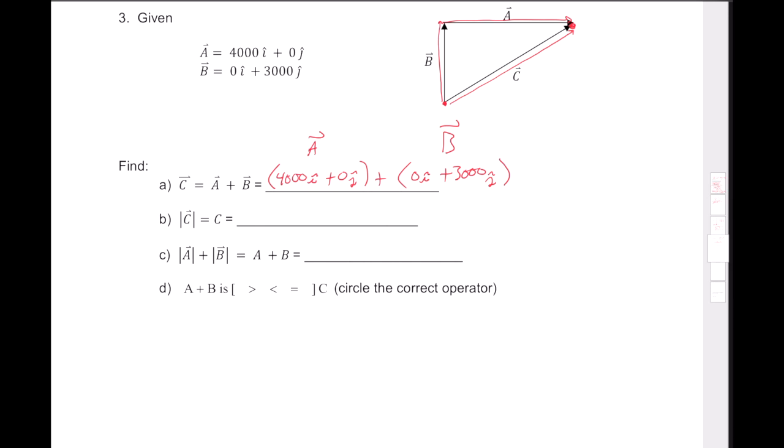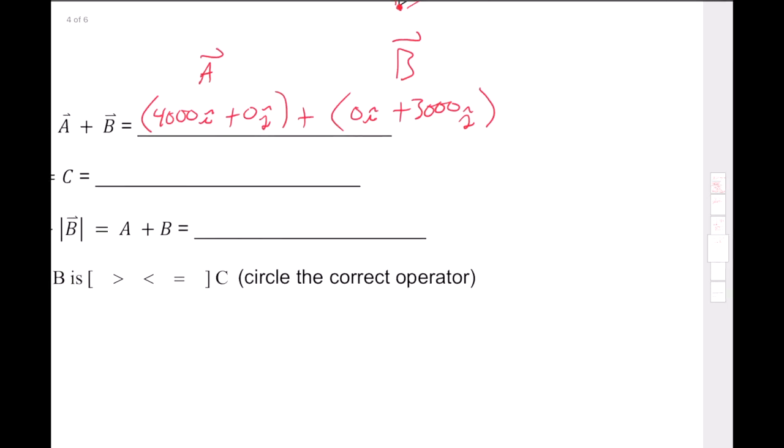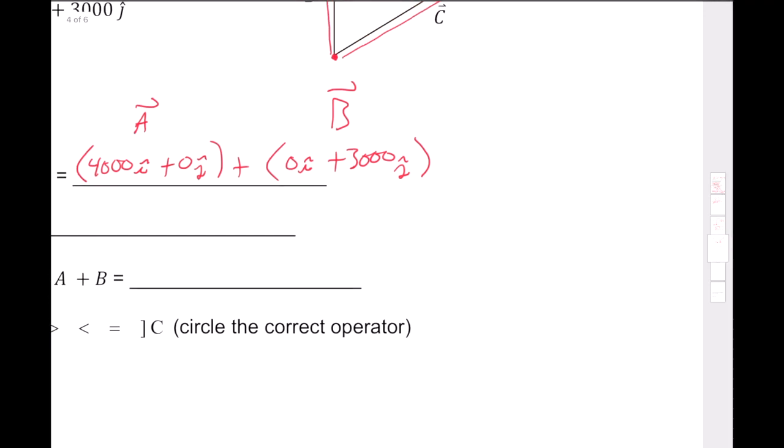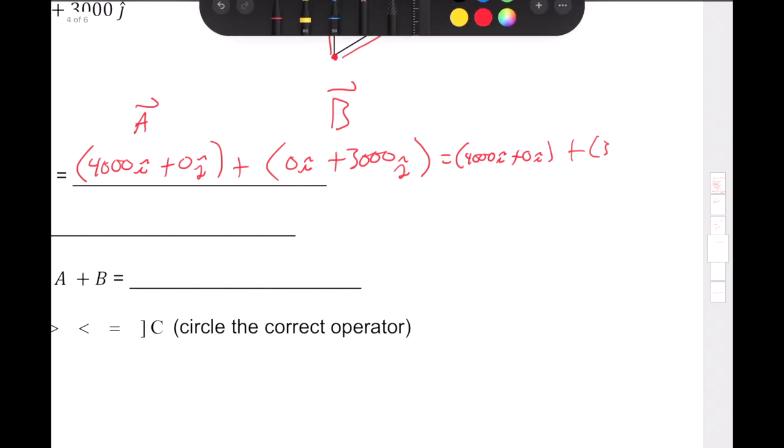So the rule here is you can't add j's to i's and i's to j's. You got to keep them separated. So 4000i plus 0i, add that to 0j plus 3000j.